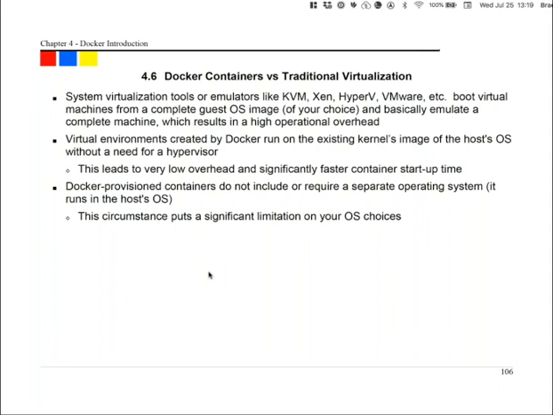So an operating system image consumes a fair bit of memory. If I want to take a bunch of these VMs and run them on one piece of hardware, a lot of the RAM in that piece of hardware is going to end up being consumed by these multiple copies of the operating systems. Containers don't do that. They don't have that additional overhead.